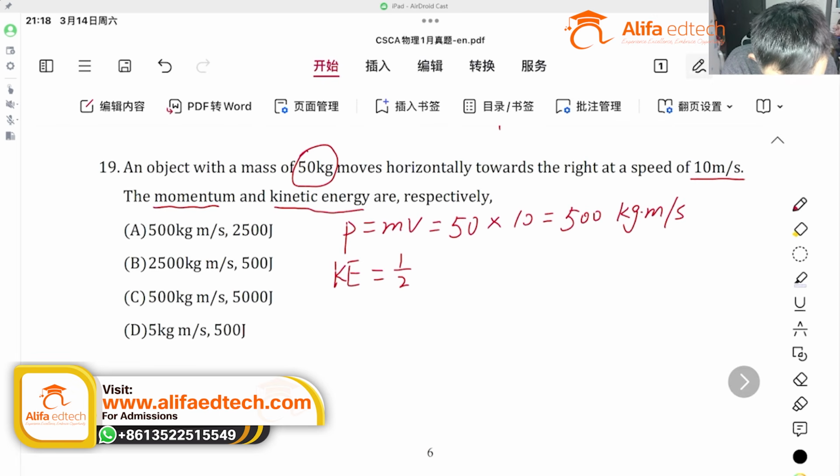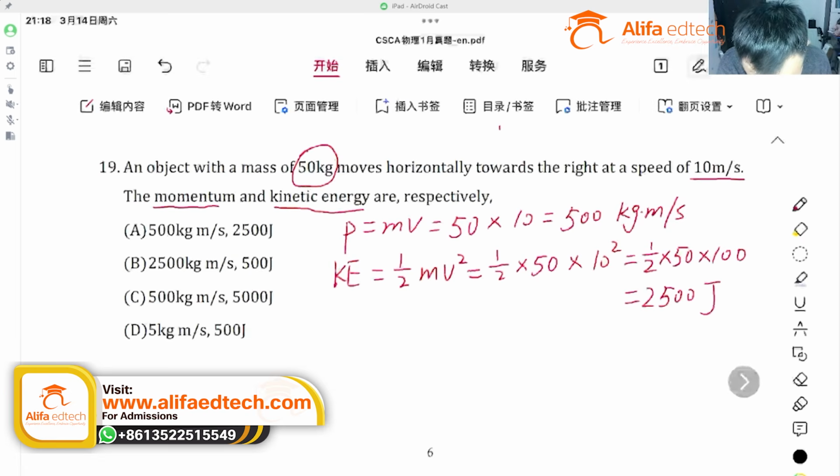It is 2,500 joules. 2,500 joules. So the correct answer is A. Correct answer is A.